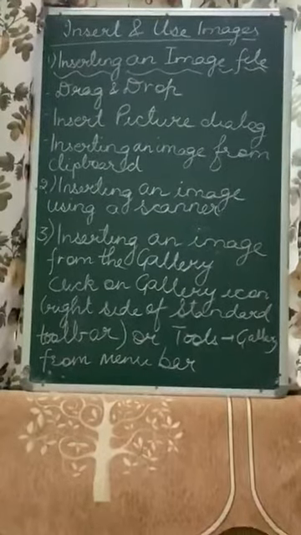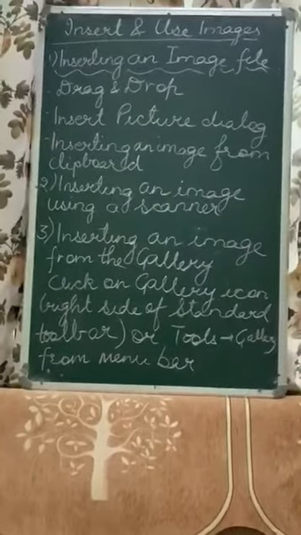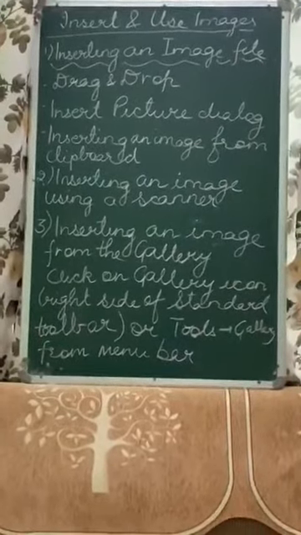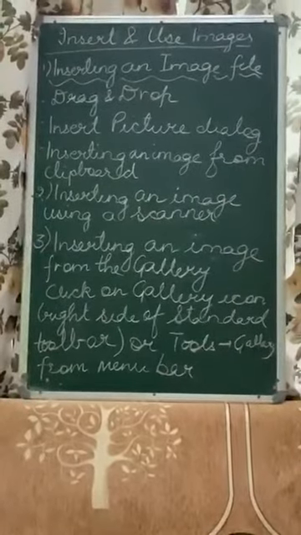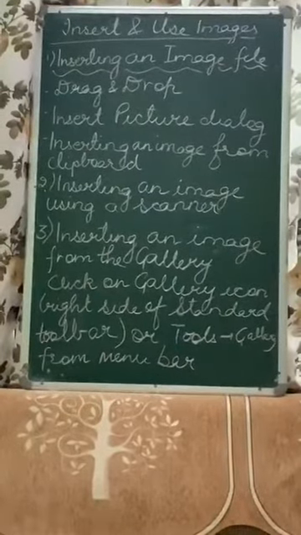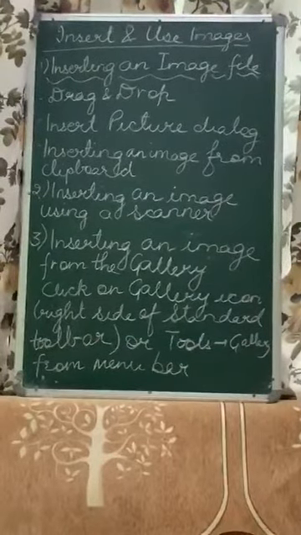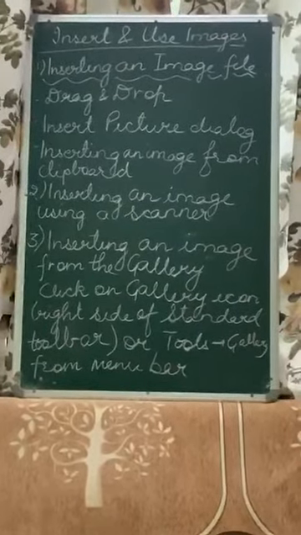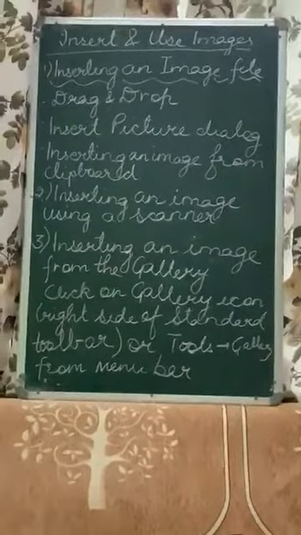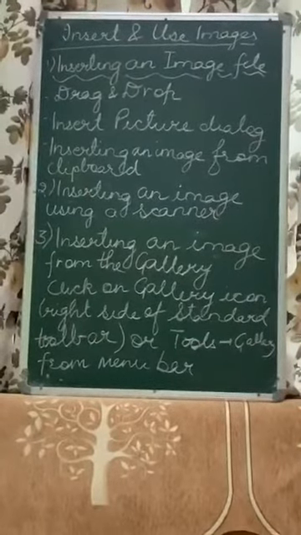First of all, we'll study about inserting an image file. When an image is stored in the form of a file in the computer, you can insert it in openoffice.org by either of the following methods. The first method is drag and drop.